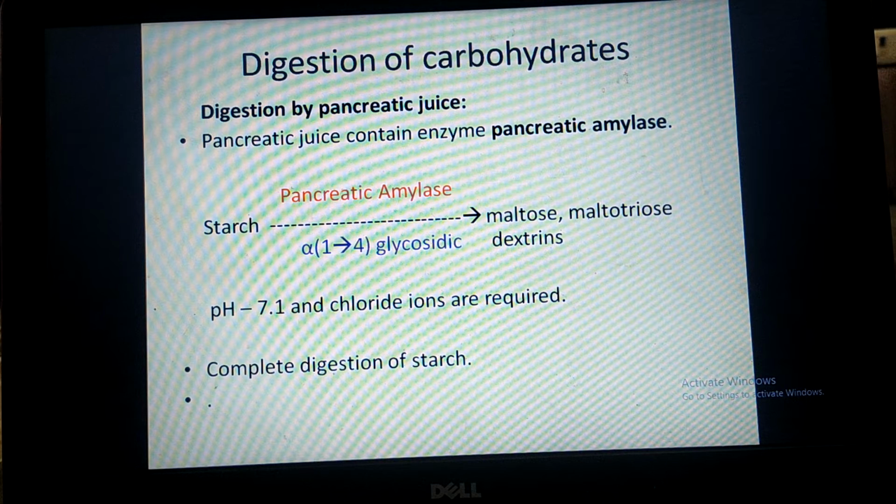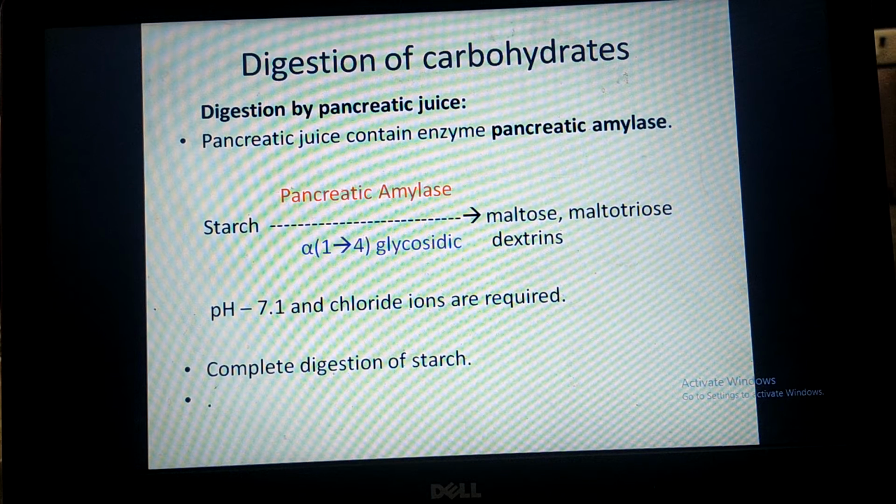Now come to the action of pancreatic amylase. Pancreatic amylase also acts on starch, breaks the alpha 1,4 glycosidic linkage and converts the starch into maltose, maltotriose and dextrins. Here dextrin has similar structure to the starch, but branches are short as compared to starch.